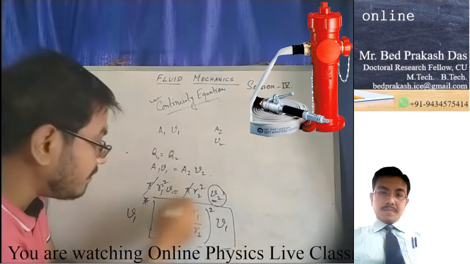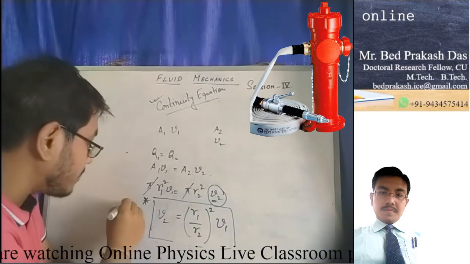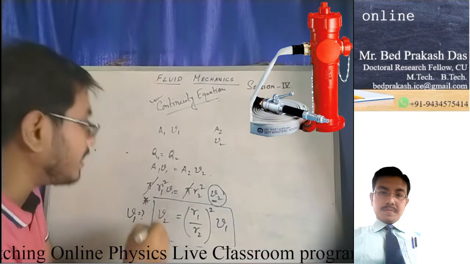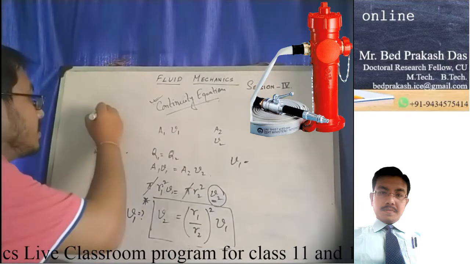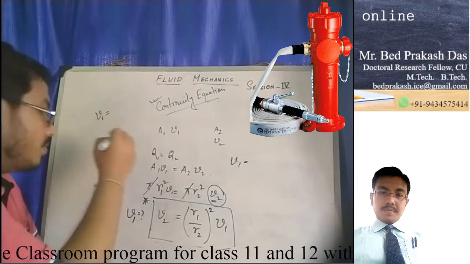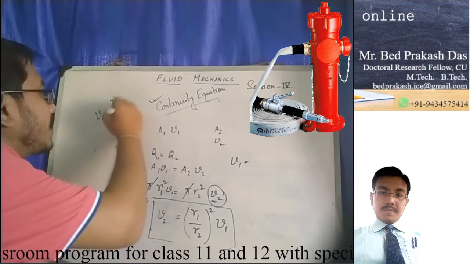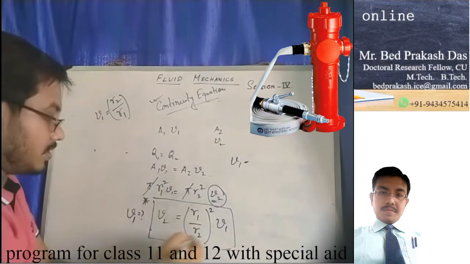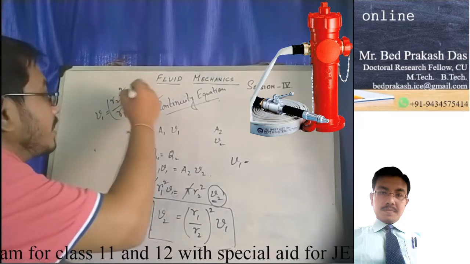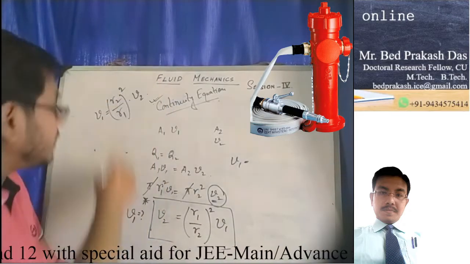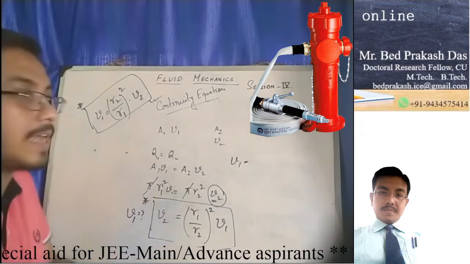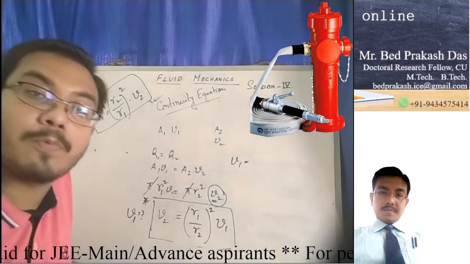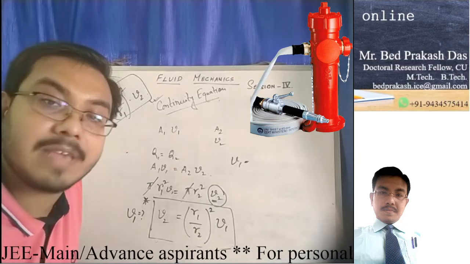In this case, V1 is known. In the case where V1 is unknown, we require the formula V1 equals (R2 by R1) squared into V2, just the opposite. These types of formulas are very useful when solving problems in your entrance exams.